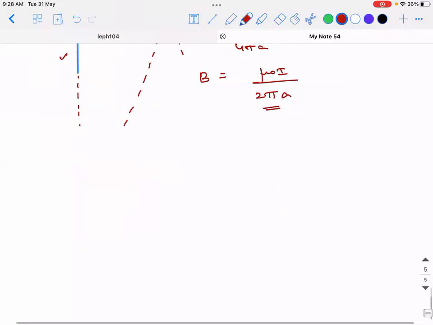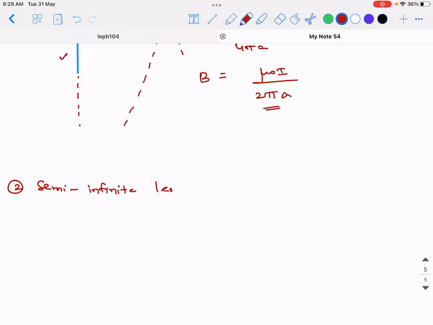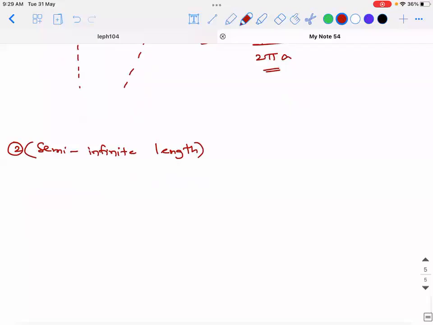So the second case is when you take a conductor of semi-infinite length. What do I mean by semi-infinite length here?